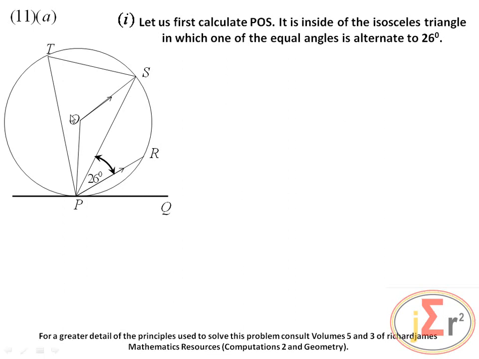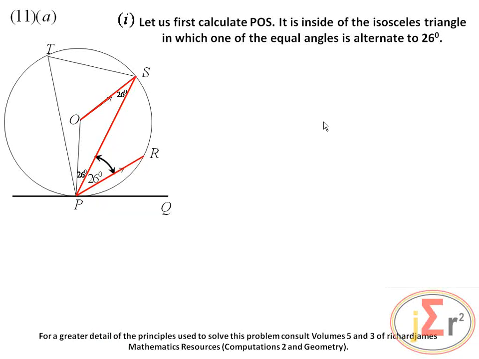So, of course, we have the arrows showing that these two lines are parallel. So we have a Z right there. So we have those two angles. They are equal. But of course, this is one of the small angles in the isosceles triangle, one of the equal angles of the isosceles triangle. So we have 26 degrees here and 26 degrees here.